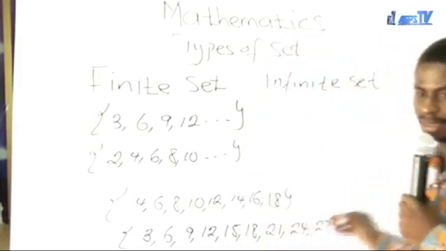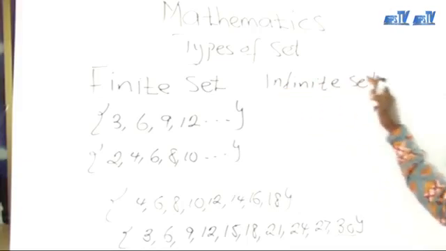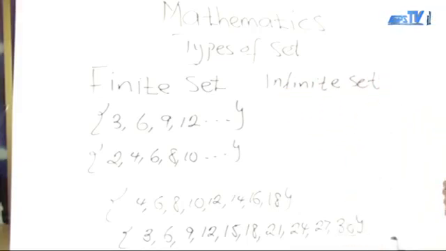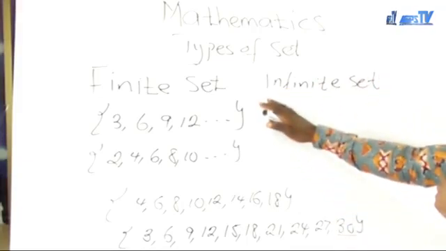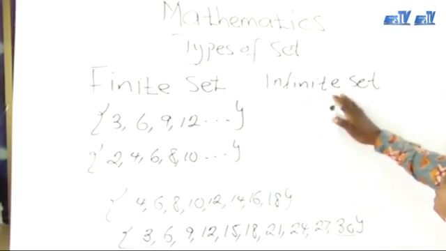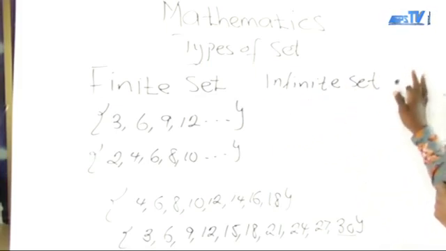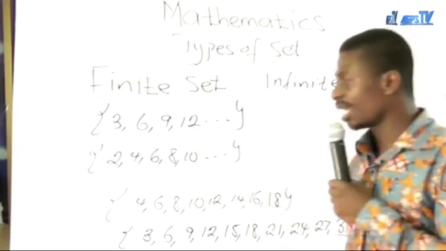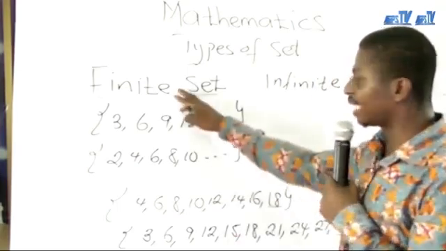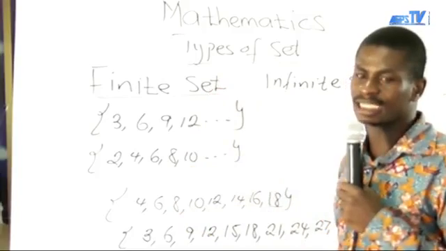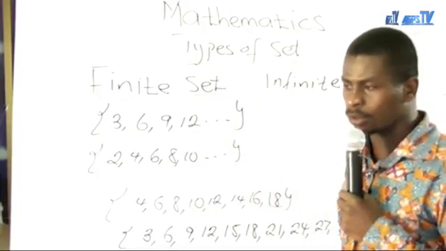Then we say that that set is an infinite set. So an infinite set is simply put a set whose last member cannot be found or identified. And then we are saying that finite sets are sets whose last member can be found or located.